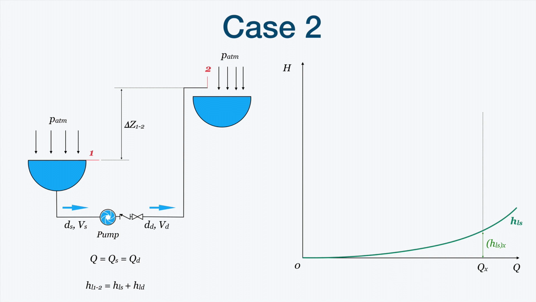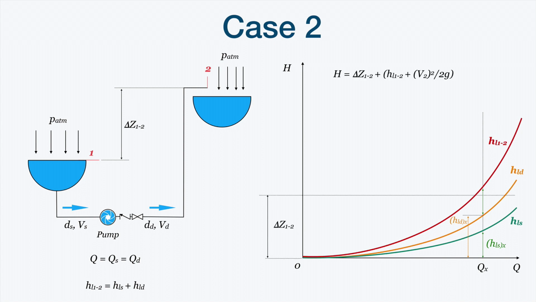For this same flow rate X, we draw the discharge pipe curve in orange, HLD, and the corresponding head losses for this point. We add the value of HLS to the value of HLD, and we obtain, of course, the total losses of the system.